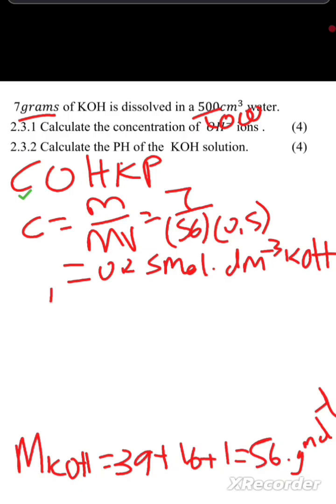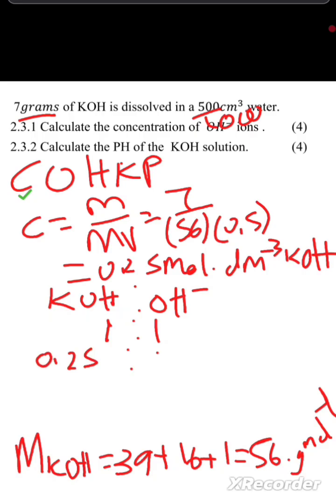We use the ratio KOH is to OH. Alright. Now, what is the ratio? How many OH are there in the base? I have 1. So the ratio is 1:1. The ratio is 1:1. And we know that the concentration of KOH is 0.25.